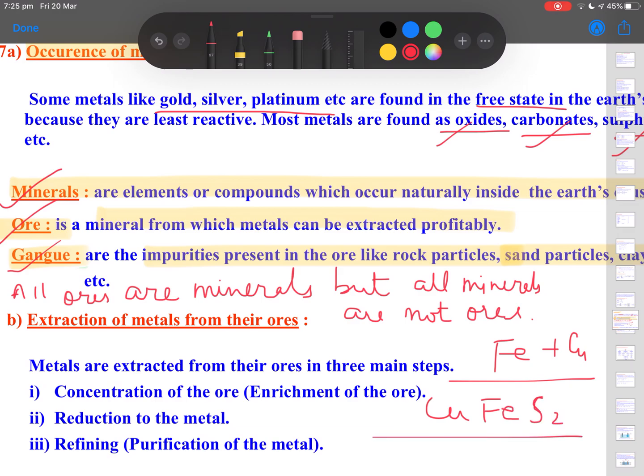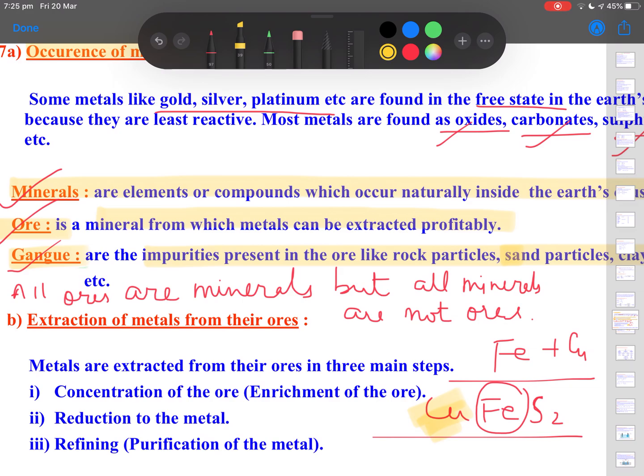Our interest doesn't lie in extraction of iron, but of course we want to extract copper. Copper is pretty expensive compared to iron. Therefore, iron here becomes a gangue for me because I don't want to extract iron. My metallurgy should only extract copper.